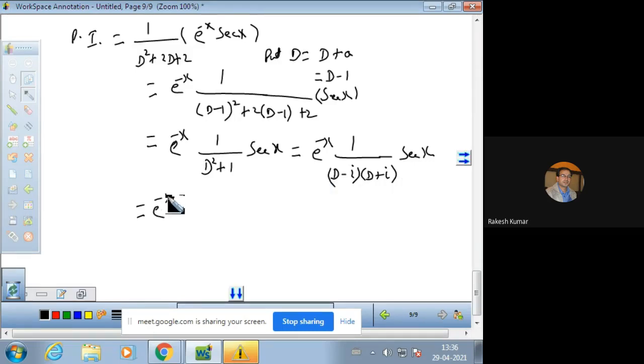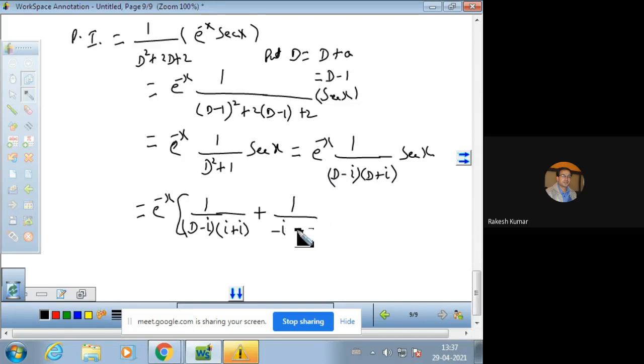Now, applying partial fractions, means putting the first factor equal to 0. So when you put D minus iota equal to 0, you will have D equal to iota, and you have to use it in the other term. So 1 over D minus iota into iota plus iota, and putting D plus iota equal to 0, the value of D will be minus iota, and use it in the other term.